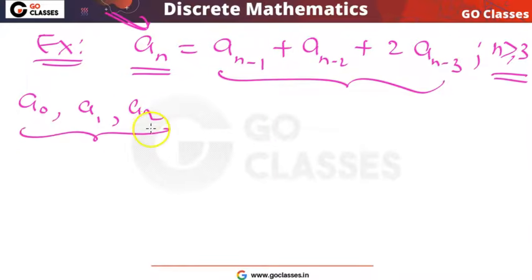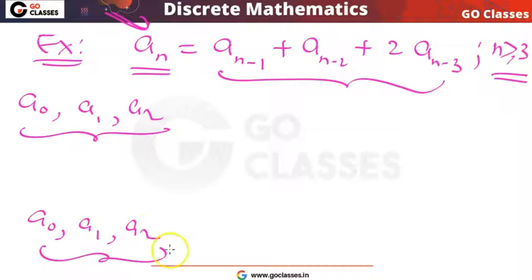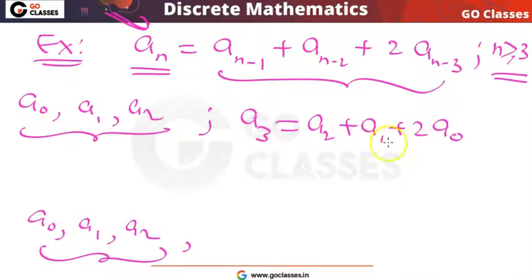Once we have these 3 terms, a0, a1, a2, these initial conditions, then you can very easily calculate a3. A3 will be a2 plus a1 plus twice of a0.